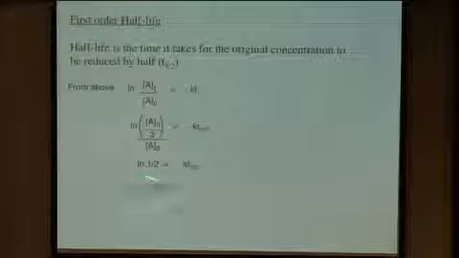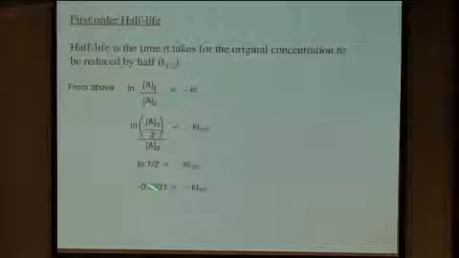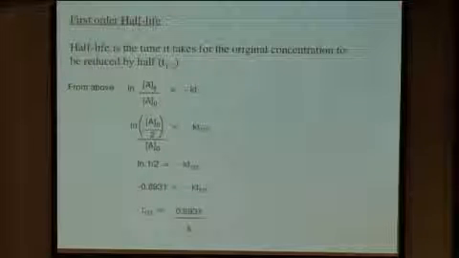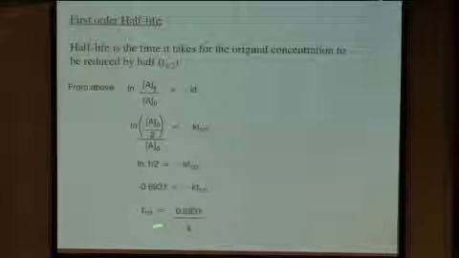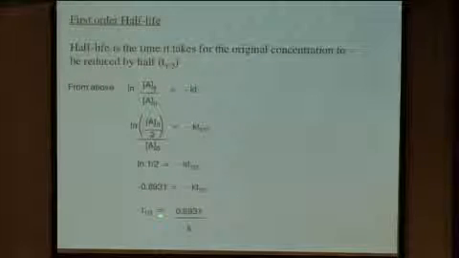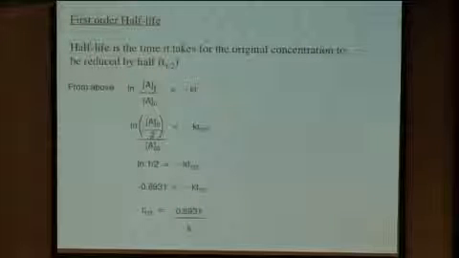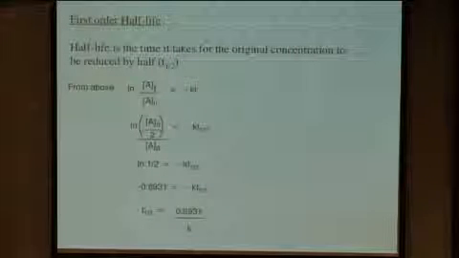The natural log of a half is minus 0.6931. We can get rid of our negative signs and solve for t 1/2, because this is the half-life expression. So t 1/2 equals 0.6931 over k. So that's an expression just for a first-order half-life.